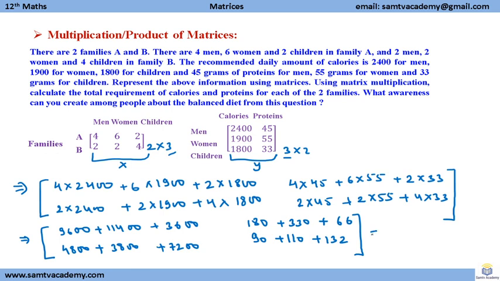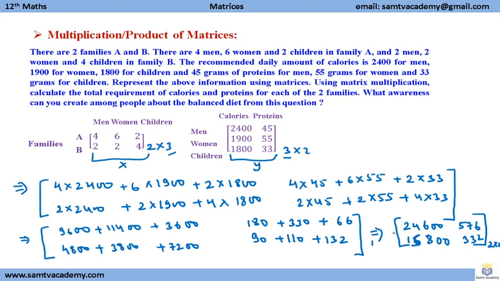After solving, we get the answer here: 24600, 576, and 15800, 332, a 2 by 2 matrix.